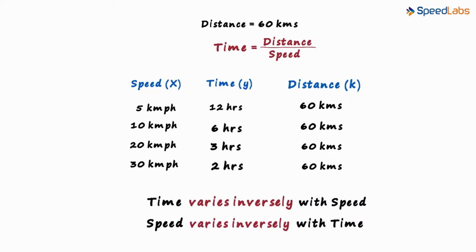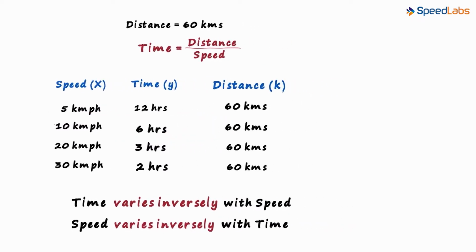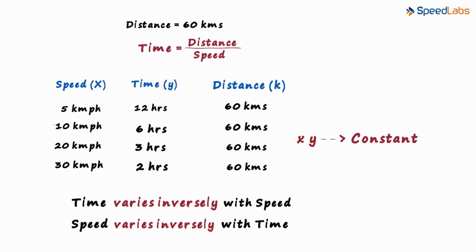We can see that the product of speed and time is constant in every case. 5 times 12 is 60, 10 times 6 is 60, and so on. Hence, in indirect variation, we say that the product of x and y is constant. It is more commonly written as xy is equal to k, where k is the constant.